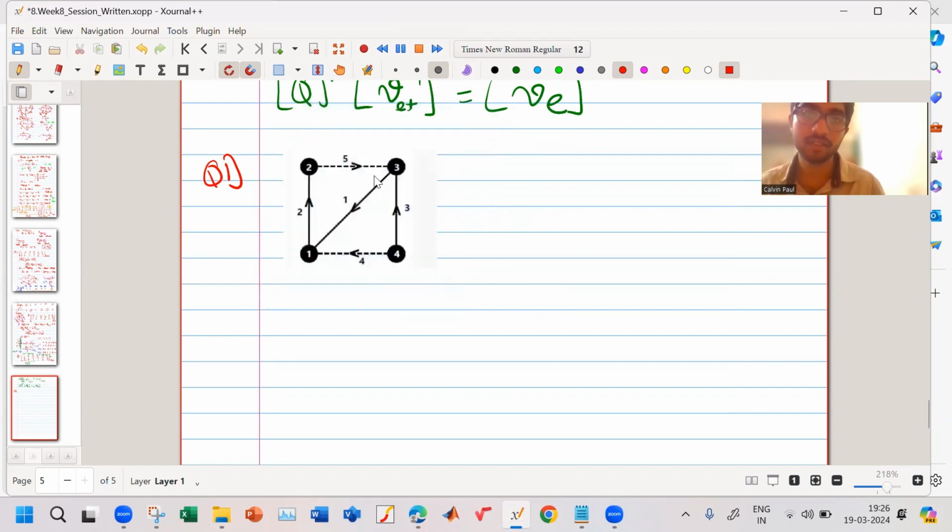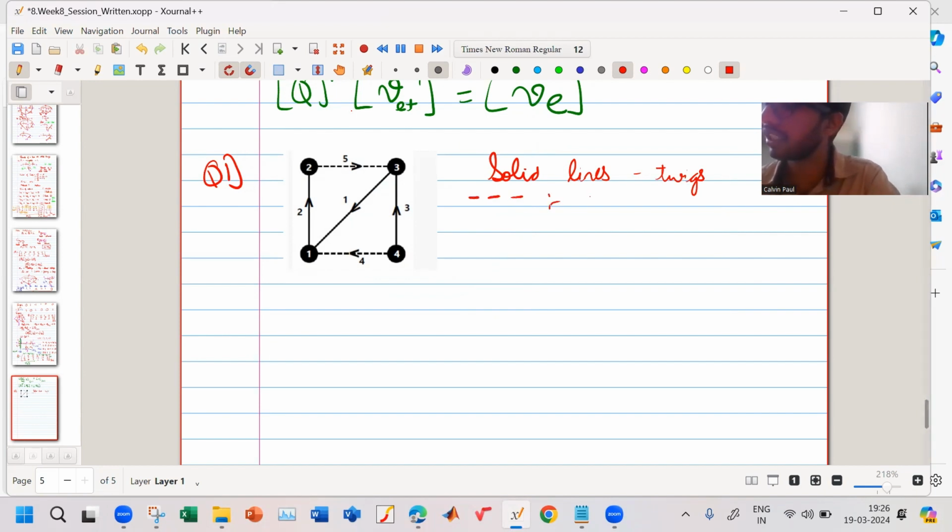In this one, the solid lines are my twigs, and the dashed lines are my links. Now we want to find the cut sets.